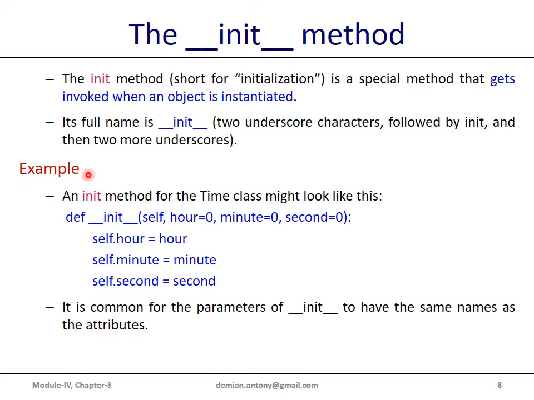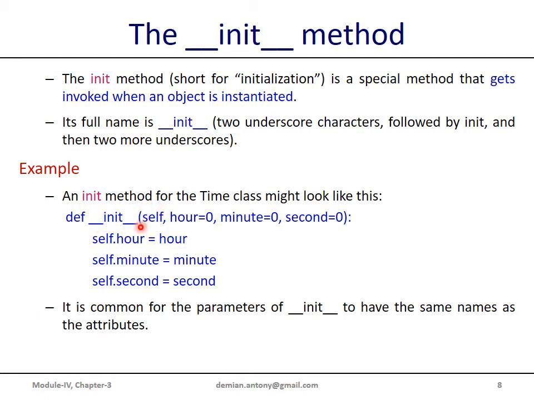We'll take up one example to illustrate the use of init. So let us define init for the time object to create the time object with default value 0, 0, 0. So we define a method double underscore init double underscore.